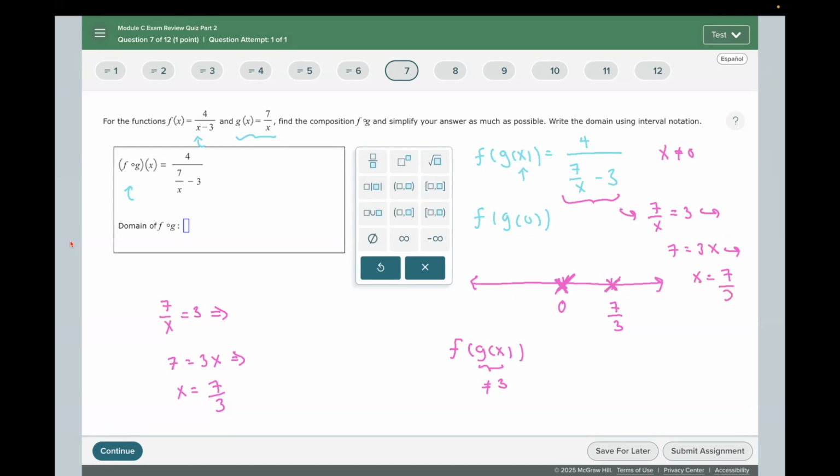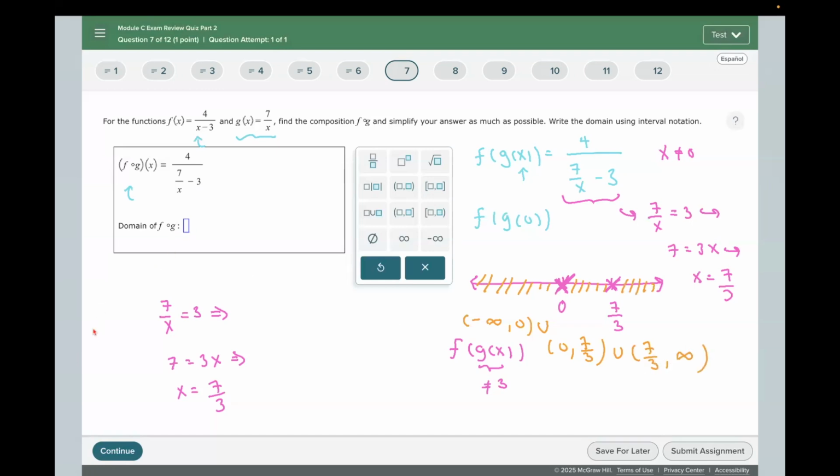So this splits up our number line into 3 pieces. We have negative infinity up to 0, and I do an open parenthesis on 0 because I can't include it, union. Then I go from 0 to 7 over 3, and open parenthesis on both because I can't include either of them. And then union 7 over 3 to infinity.